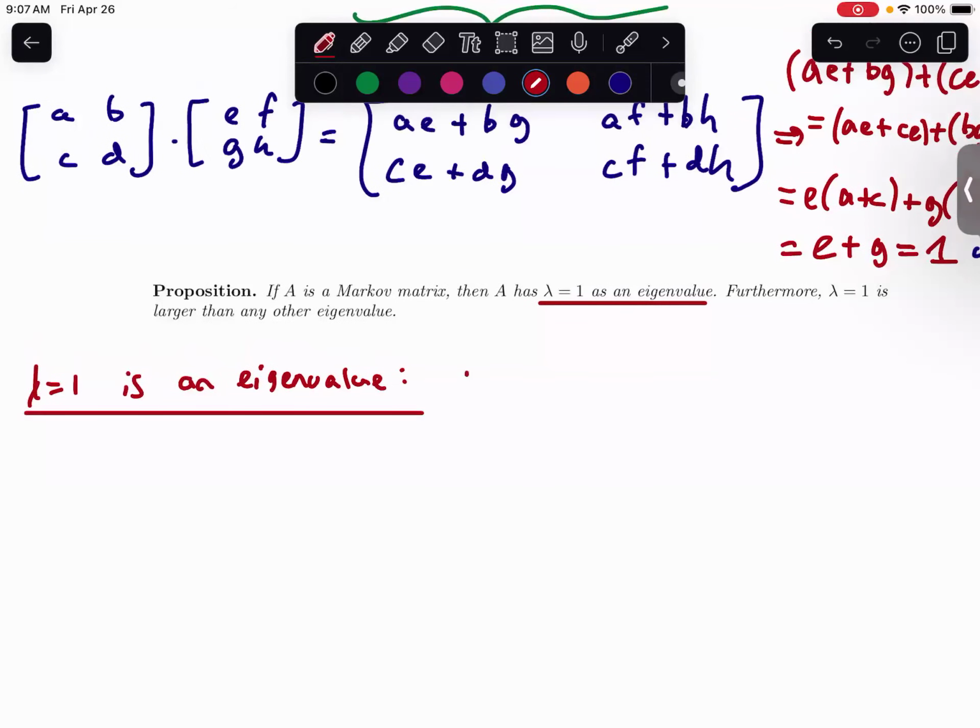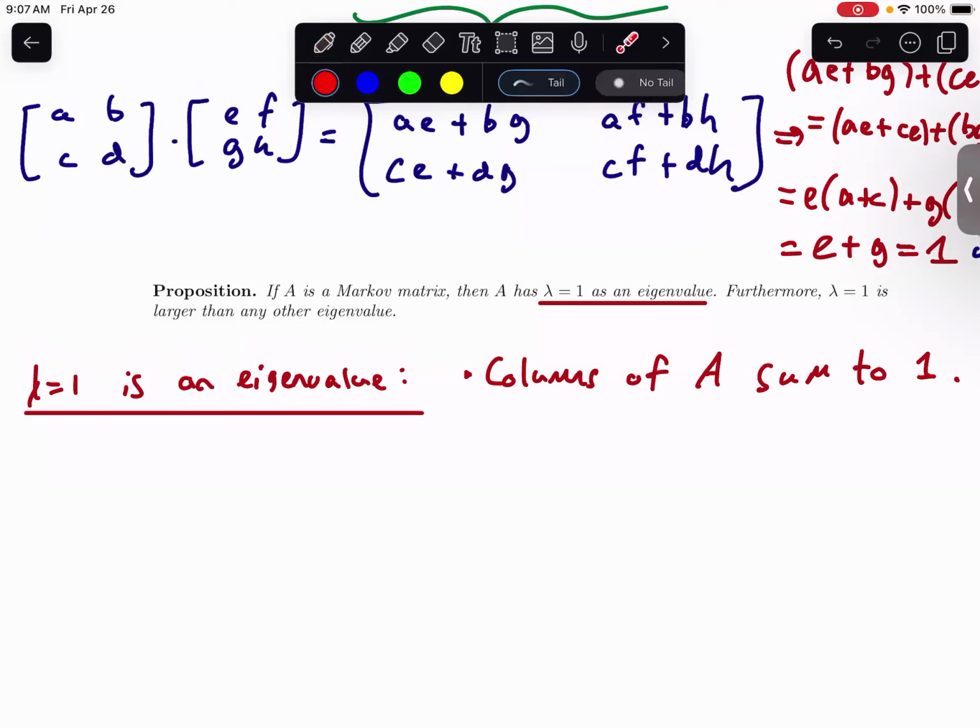So the columns, we'll put together a couple of observations pretty much. So the columns of A sum to 1. And so if we want to show that lambda equal to 1 is an eigenvalue, we should be thinking about what happens if we subtract 1 from an entry of our column, right?